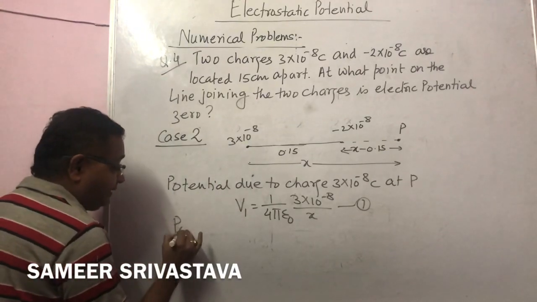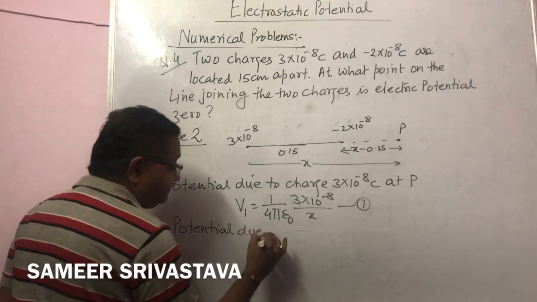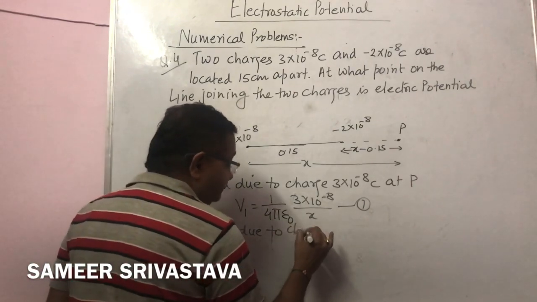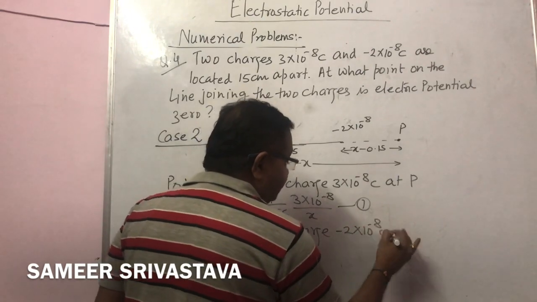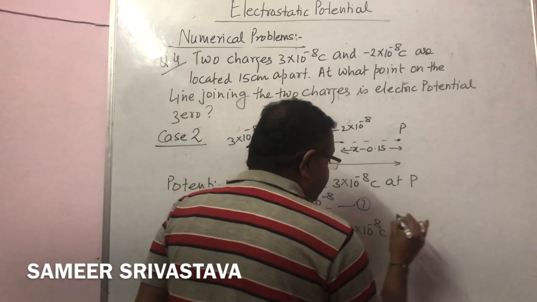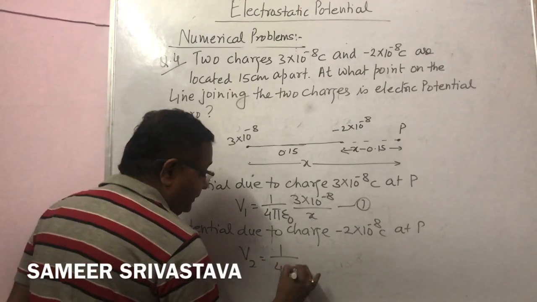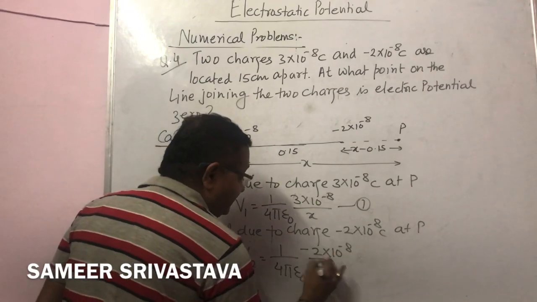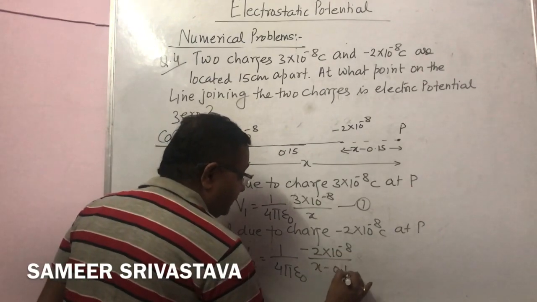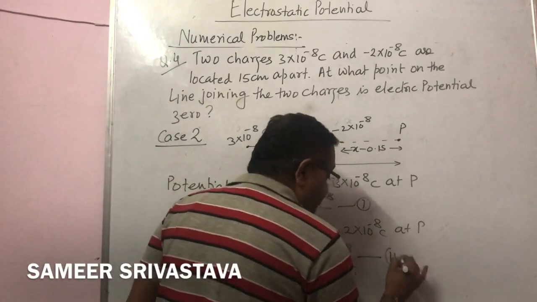Similarly, the potential due to the charge minus 2 into 10 to the power minus 8 coulomb at P, our formula will be V2 is equal to 1 upon 4 pi epsilon naught times minus 2 into 10 to the power minus 8 upon x minus 0.15. This is equation number 2.